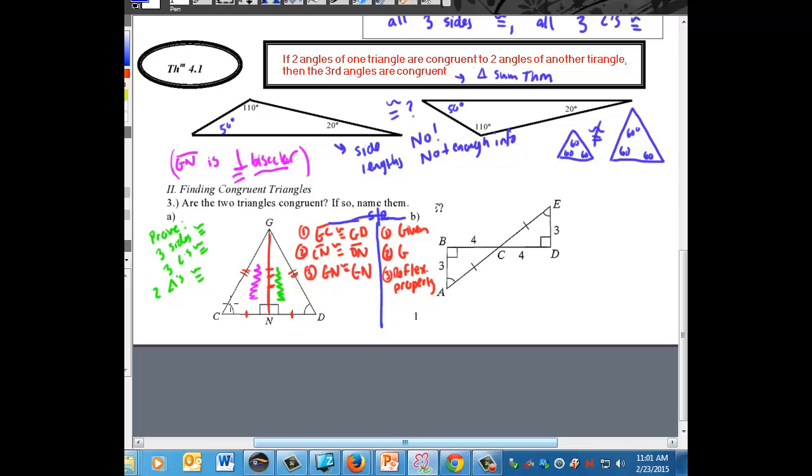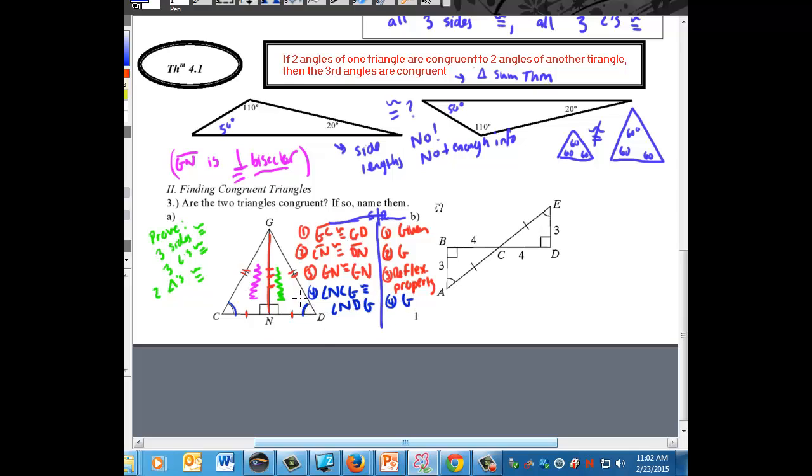Now we're going to look at angles. Let's highlight this angle and this angle. And so what I can do is, I'm going to say angle NCG is congruent to angle NDG. Okay, and what allows me to do that is that it was given to us.